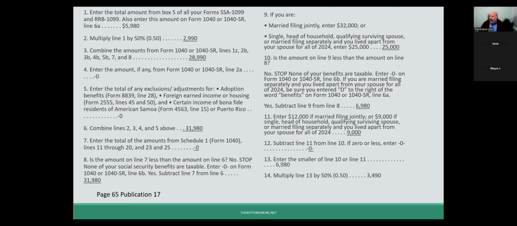So we're going to multiply this 6,980, which is the lower of those two numbers. And that is the amount we're going to multiply by 50%, and that's the amount that becomes taxable. It's a very convoluted worksheet. It's on page 65, this exact sample, page 65, Pub 17. You should study this. This may be on the final.